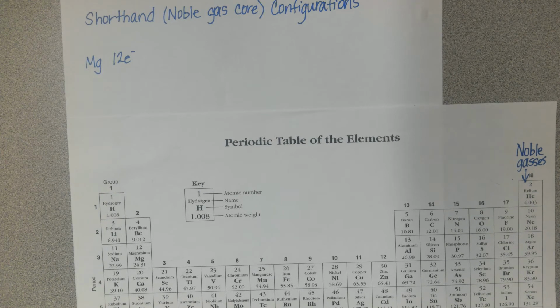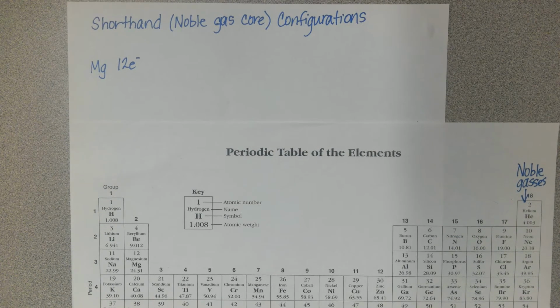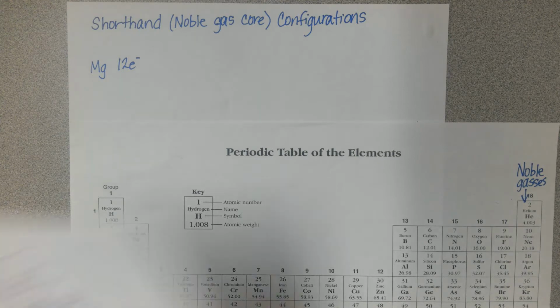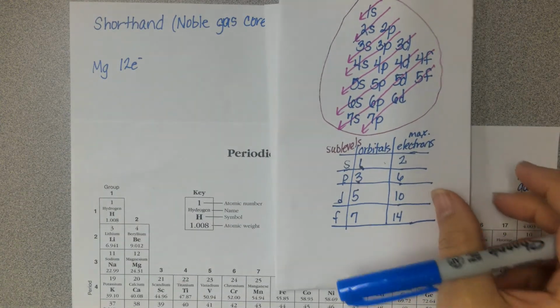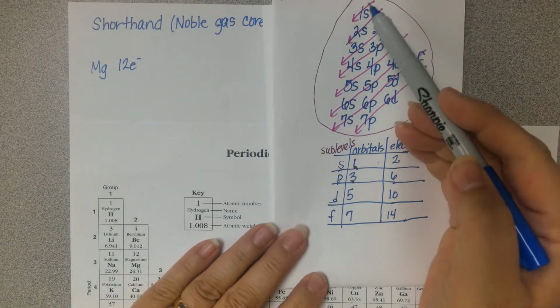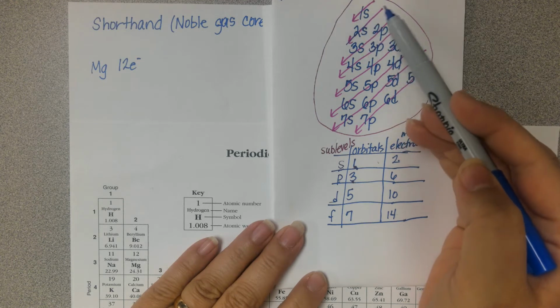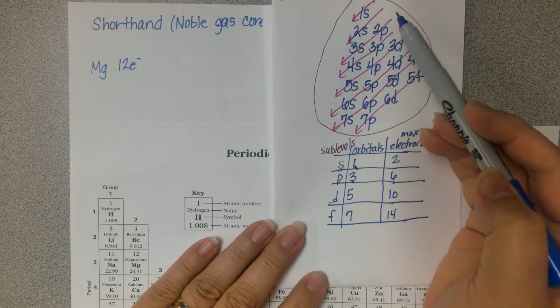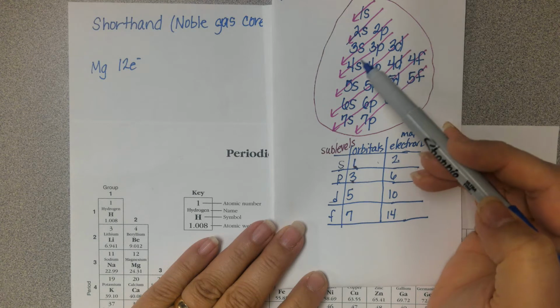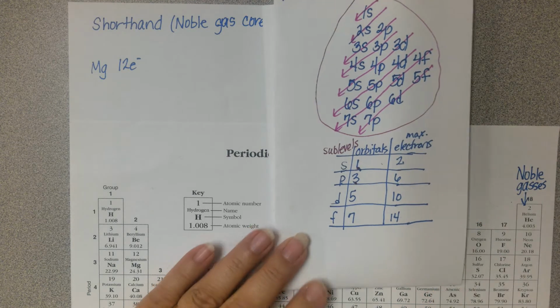So to write the electron configuration, as we always do, we're going to use the Aufbau principle or diagram. And so remember that we have to put electrons in the lowest energy sublevels, and then we move on up to higher and higher sublevels as we go.